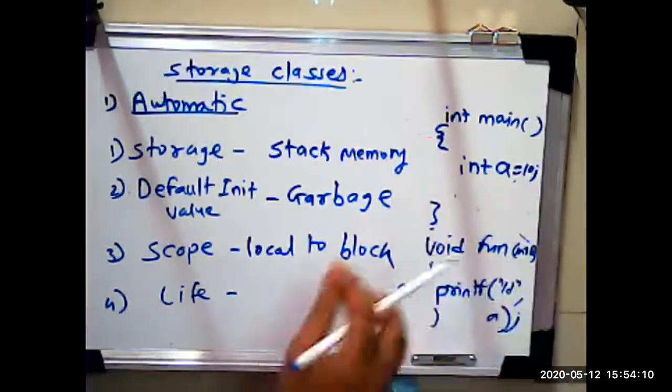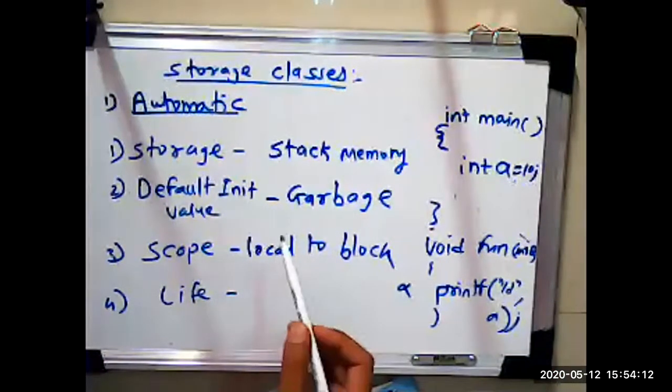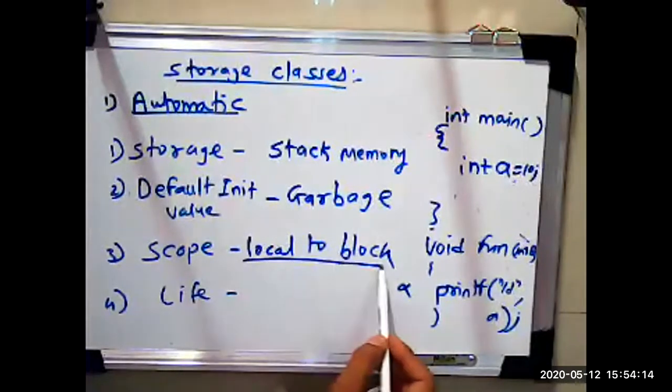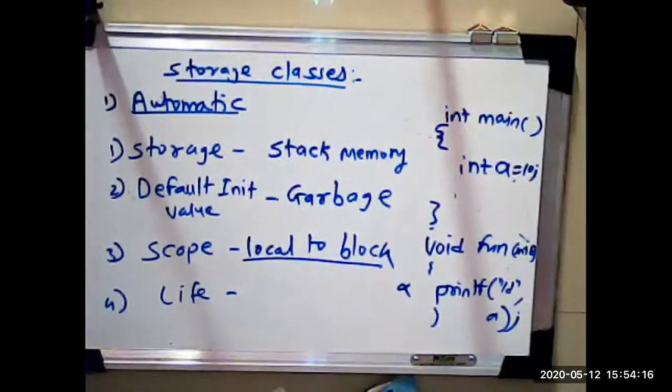So remember that in the storage class, automatic means it is local to the block in which the variable is defined. Now what is the life of that variable? The life of the variable is till the program control remains within the block in which the variable is defined.